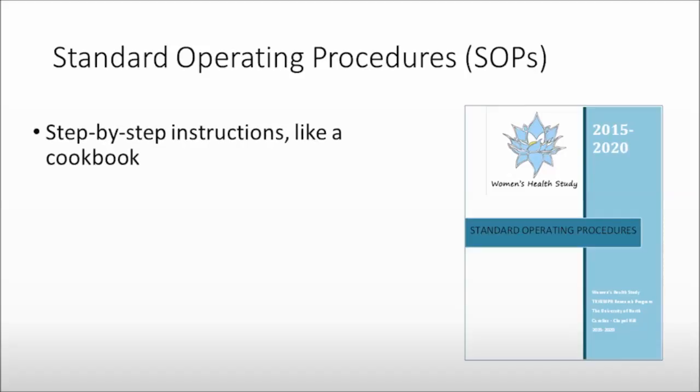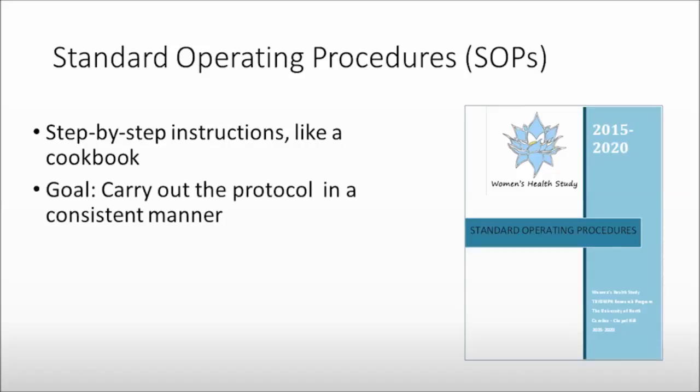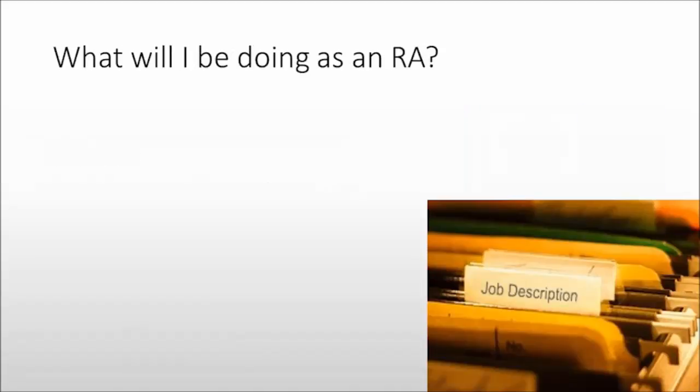So it gives you step-by-step instructions, kind of like a cookbook, and the goal of this document is to make sure that across study sites we're carrying out the protocol consistently. So you might be in Albuquerque and someone else is in Detroit, but you are all doing everything exactly the same so that we know that, following the study standard operating procedures, everybody's getting the same interaction.